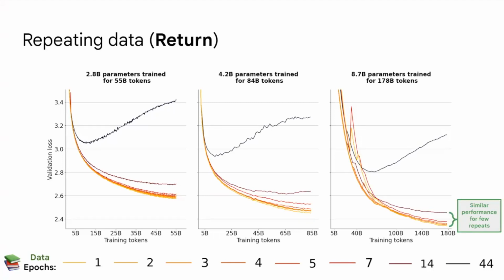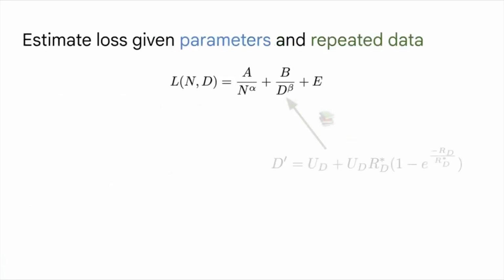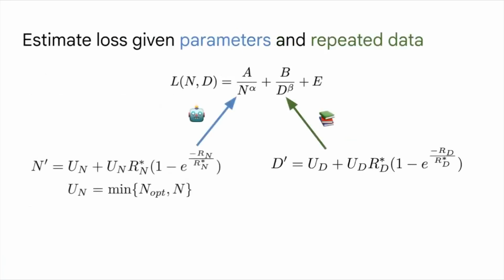That is something I can understand. But for the repetition in the number of parameters, there is nothing empirical there, right? This is more like an argument that tries to connect: if you are repeating data, then maybe we should think about what that corresponds to in the parameters. That is the part I didn't completely get.